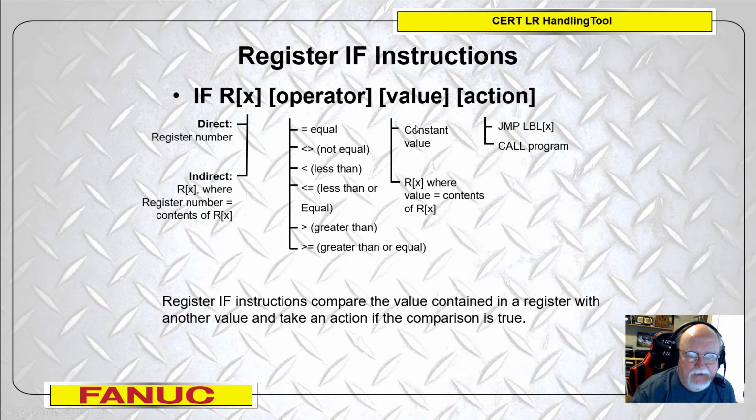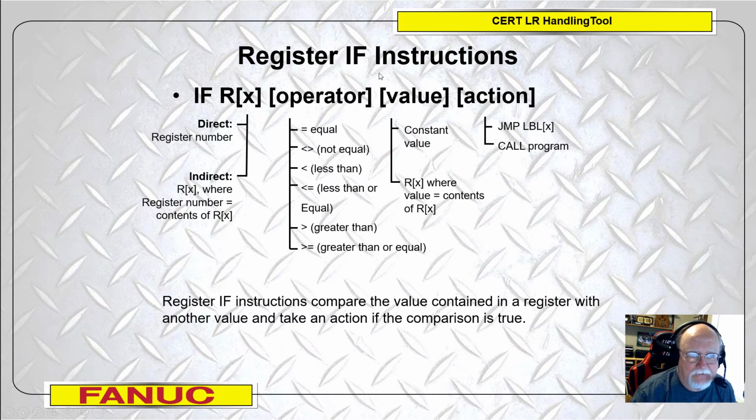And then you have a value, a constant value or a value that you pull from another register, and then what you want it to do if these things all become true. The action, you can either jump to a label or you can call the program.